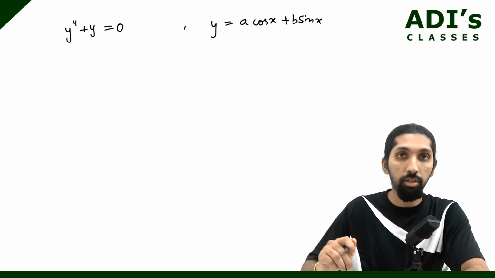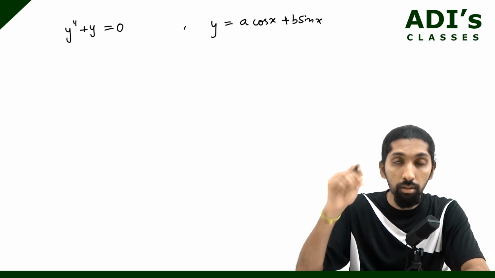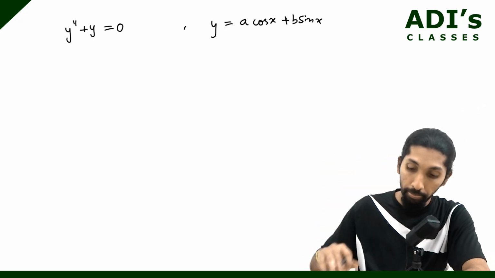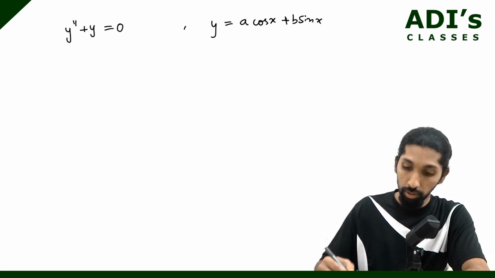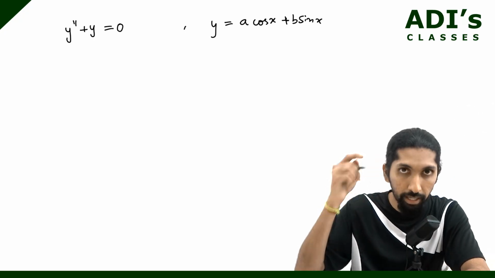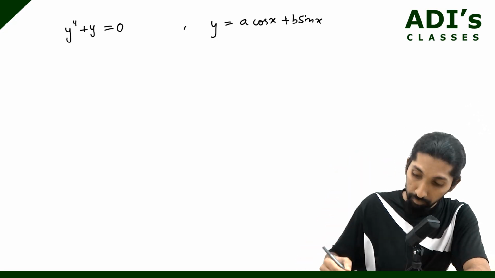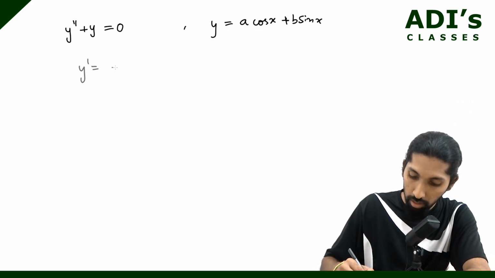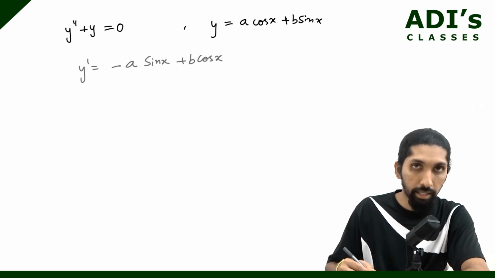It's a general solution because a and b are arbitrary constants, or arbitrary numbers. So first, we have y double dash, so first calculate y dash. y dash is equal to minus a sin x plus b cos x.